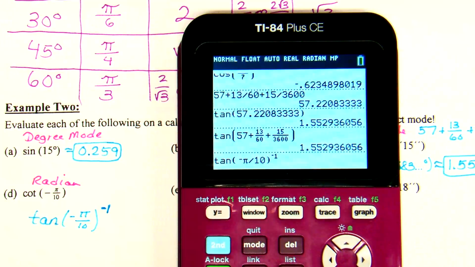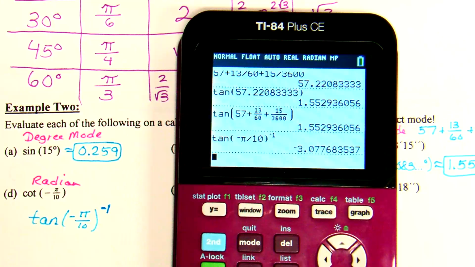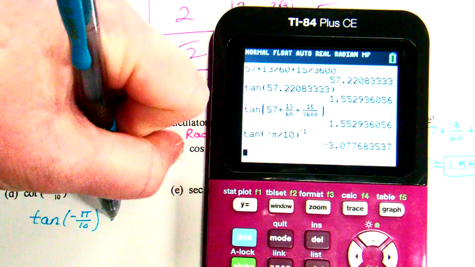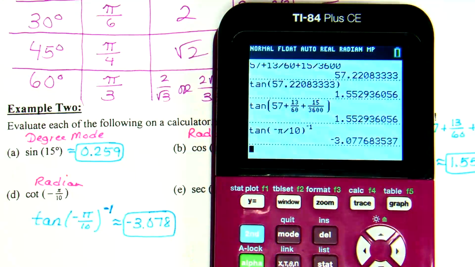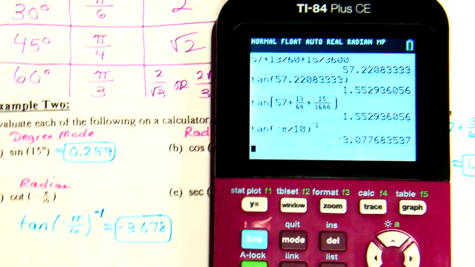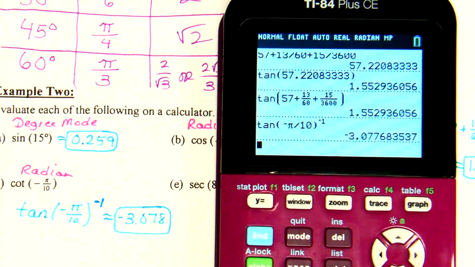And this is the answer you should be getting if you've done it right: -3.078. Okay? So, use reciprocal, you raise to -1 power. Do not use the tangent -1 button. That's inverse, that's totally different.